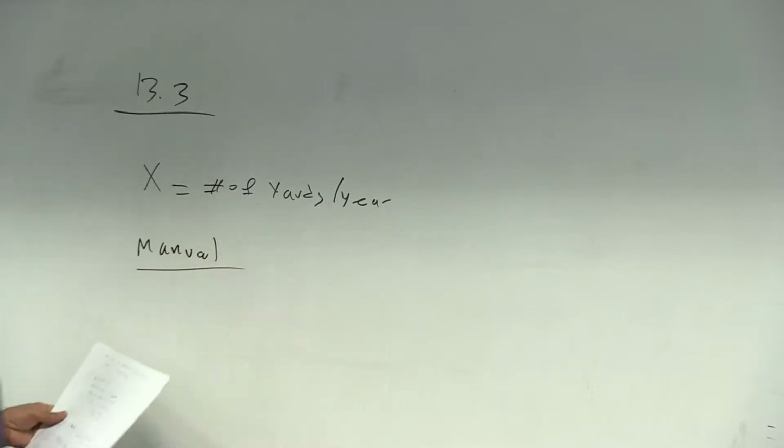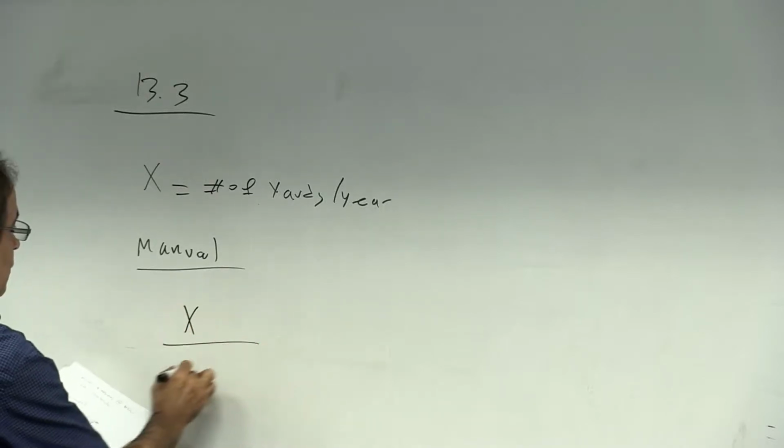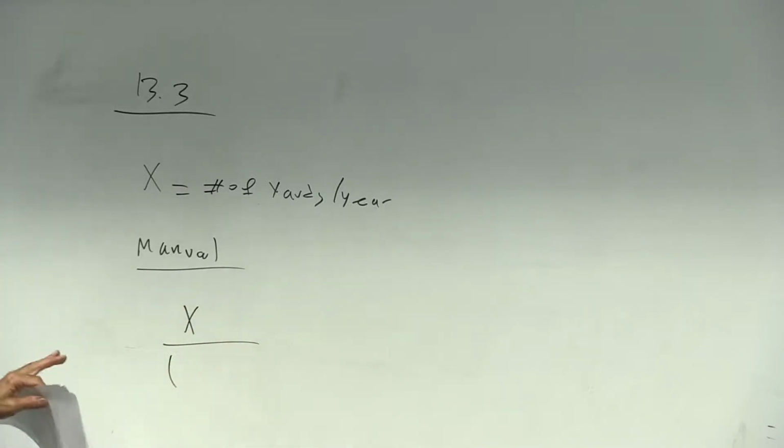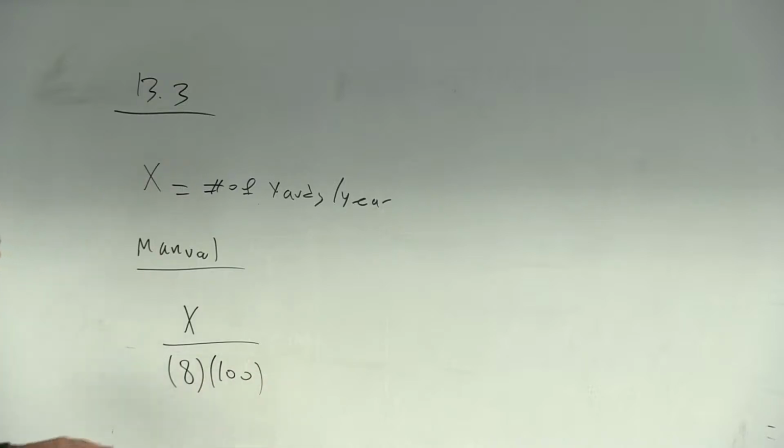So for manual, it's very simple. You have 5 operators, and altogether they're going to produce 1,000 yards per hour. We're going to assume there is one shift of 8 hours per day, so you multiply 8 times 1,000.